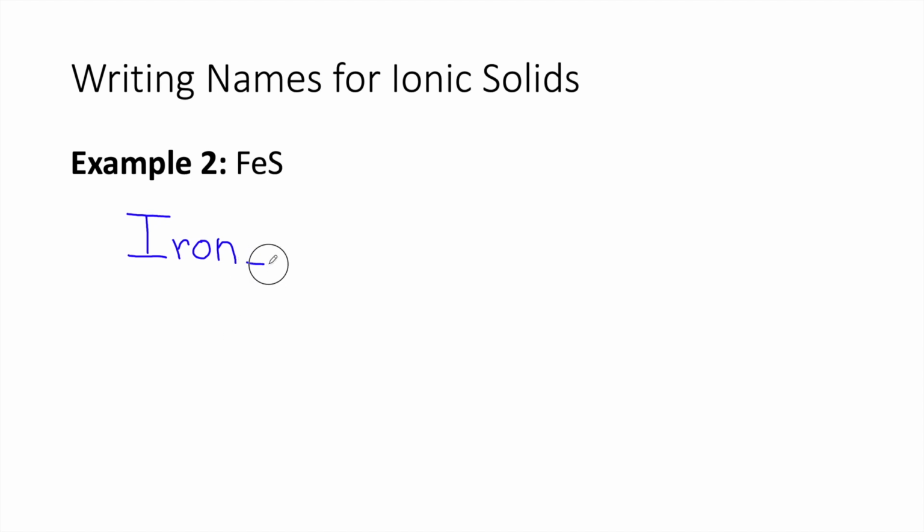So I'm going to kind of just leave myself a little space so that I remember to come back and do my Roman numerals at the end. Next up, we have the element S, which is sulfur. Again, we have to change the ending to IDE, so I'm going to make it sulfide.